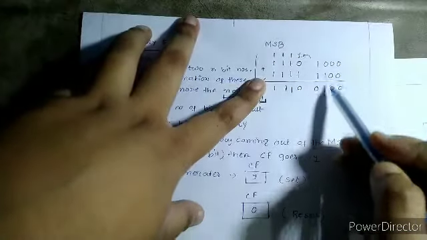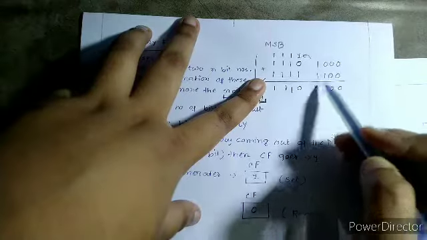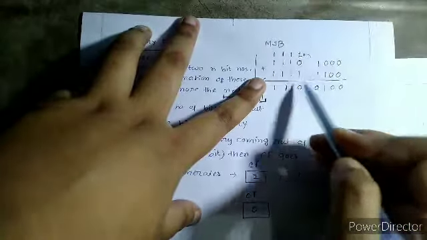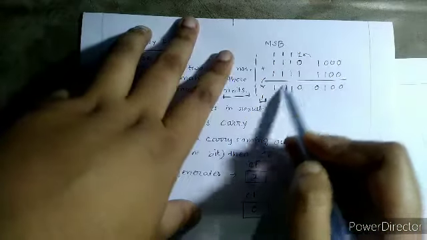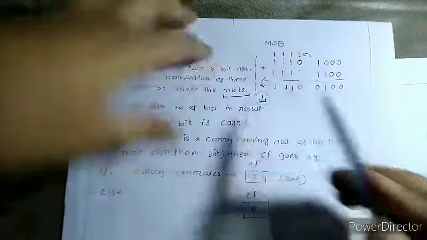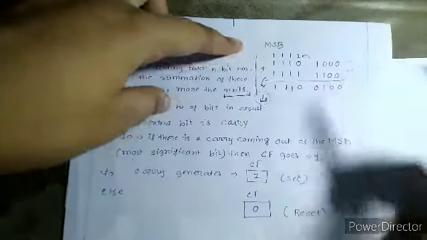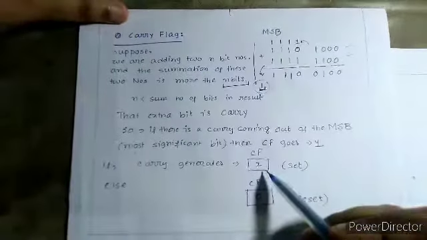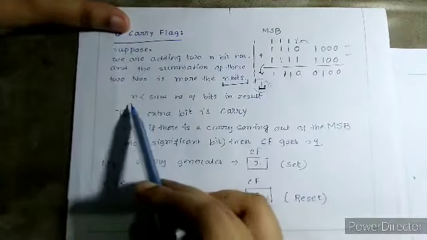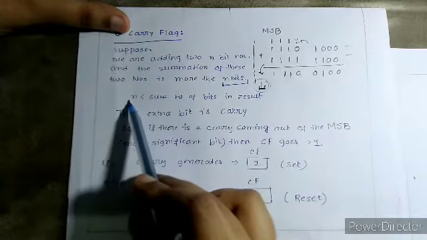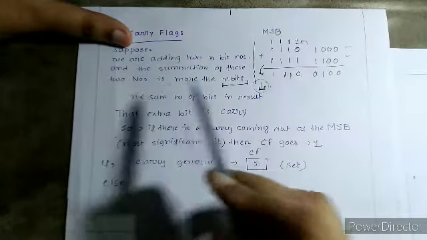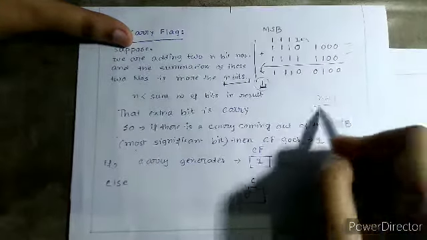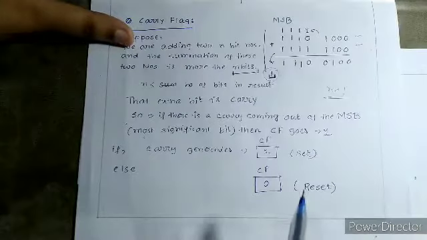So 0 plus 0, 1 plus 1 is 0 carry 1, 1 plus 1 is 0 carry 1, carry 1, and there is an extra bit. I was adding 2 8-bit numbers, but I get the result as a 9-bit number, right? So n was the number of my bits and I get the result as n plus 1. This extra bit is the carry.